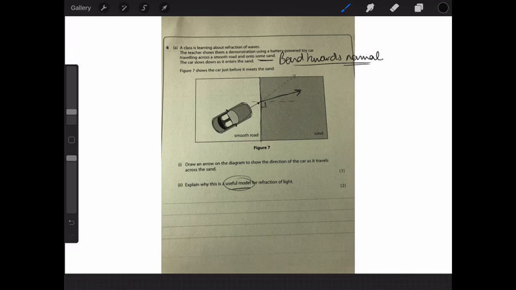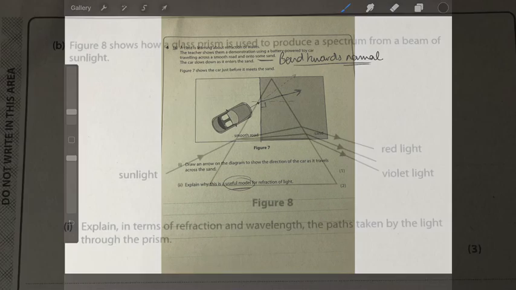The car is modelling this really well, because as one of the front wheels hits the sand before the other one, the one on the right hand side hits the sand before the left hand side does, that causes the car to slow down and skid towards the normal. So the car is changing direction in a very similar way to light.